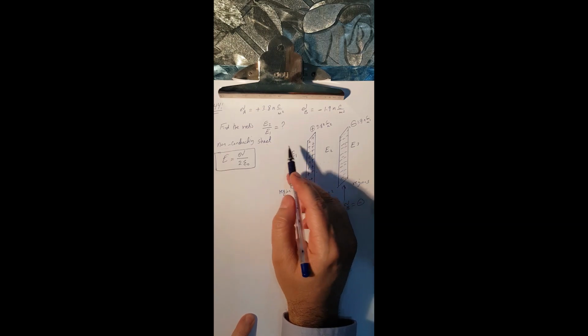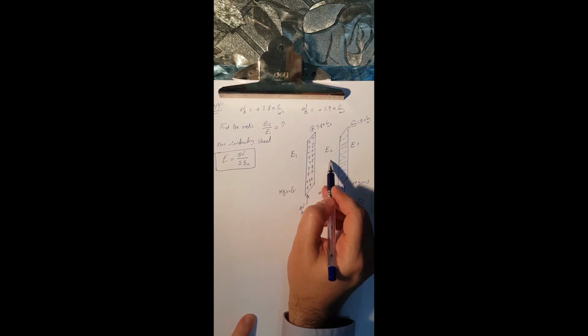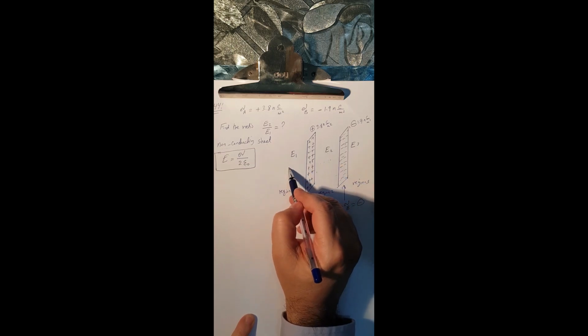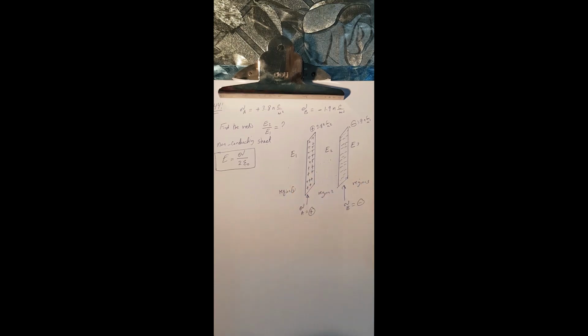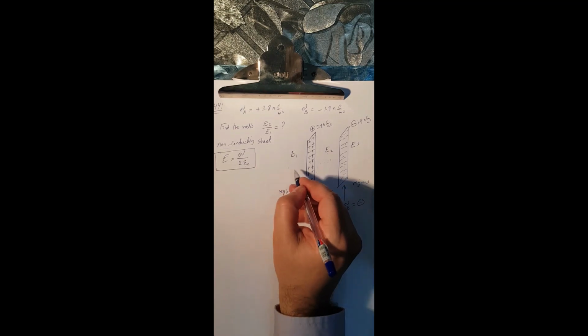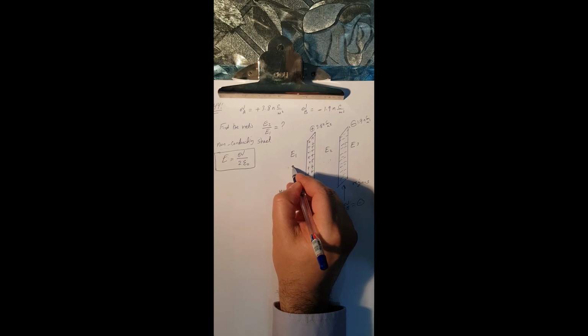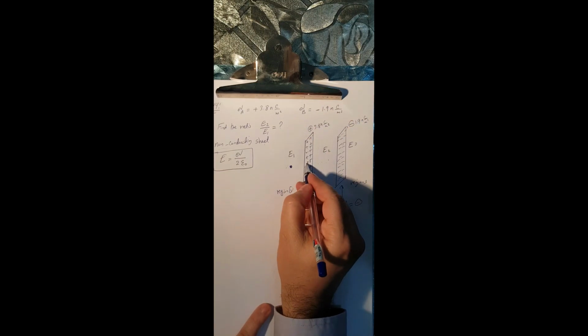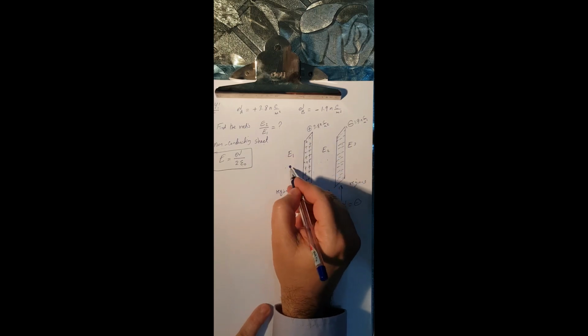The question is, what is the ratio between the electric field between the plates and the electric field behind the positive plate. Let's take region number 1, and say I want to find the electric field here. What's the electric field of the positive plate here?